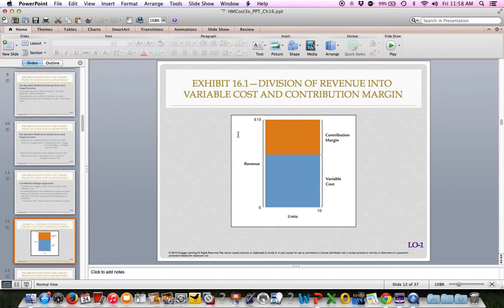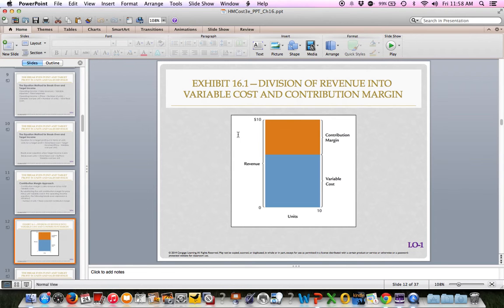I'm contributing to pay for my fixed cost. You see this on the bottom of page 829: for a $10 product, if I have variable cost at, and I'm not sure exactly how much that is, let's just say it's $6, that means my contribution margin is $4, right? My revenue of 10 minus my variable cost of 6 equals my contribution margin of 4.